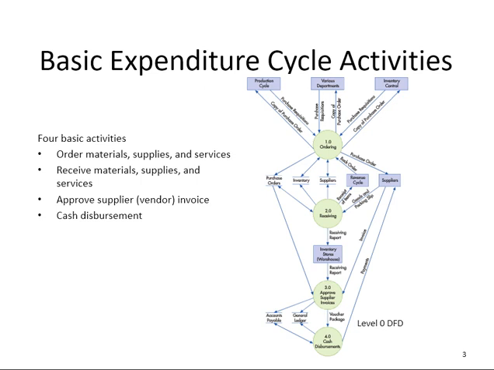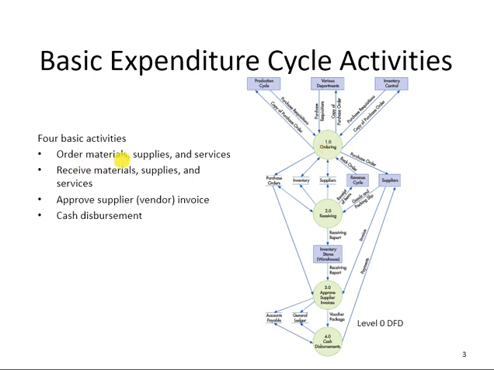All right. So we can decompose the expenditure cycle into four basic activities. This can be shown in the level 0 DFD. Right, 1, 2, 3, 4. We have four activities. First, we have ordering.